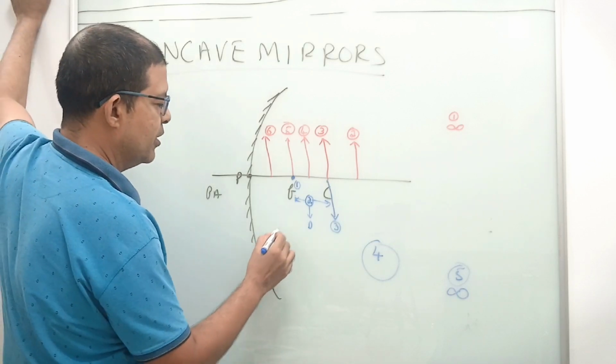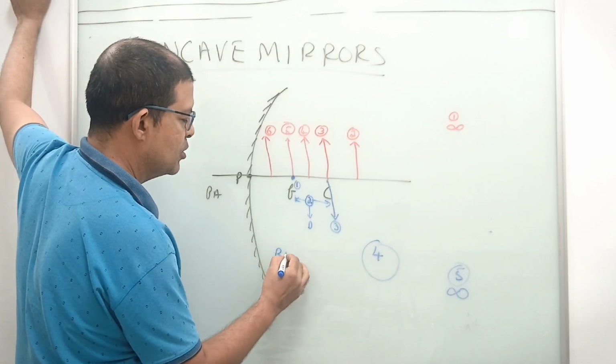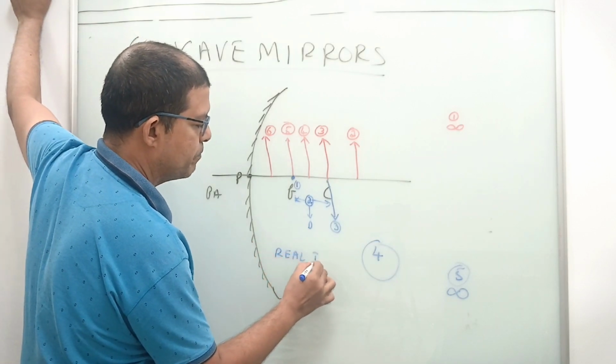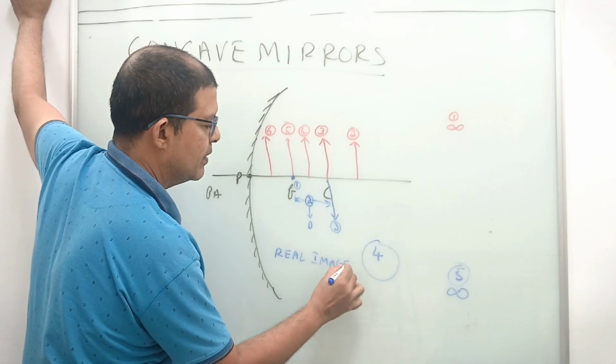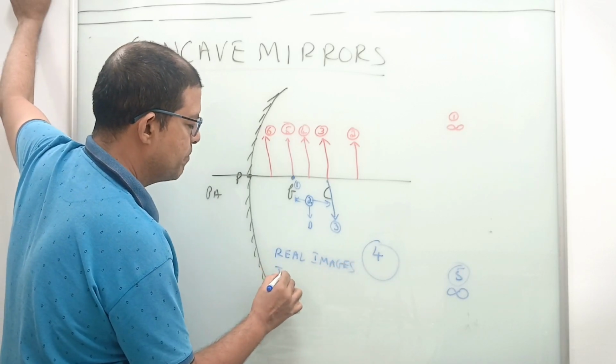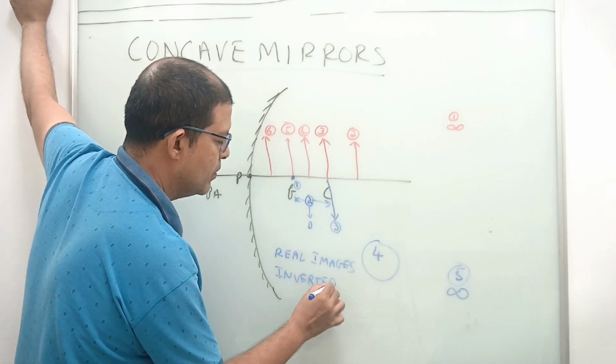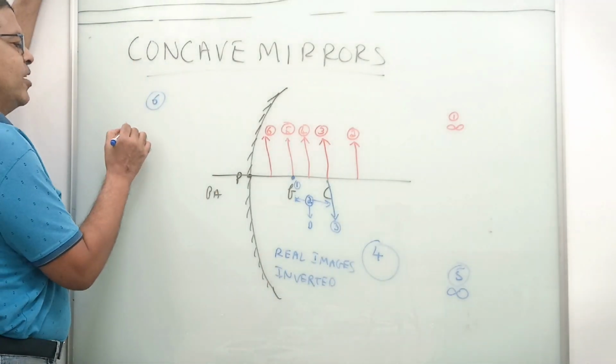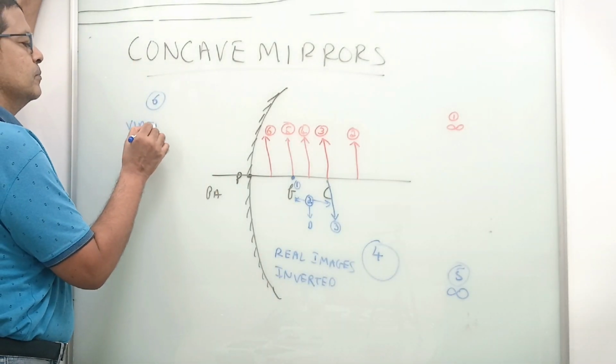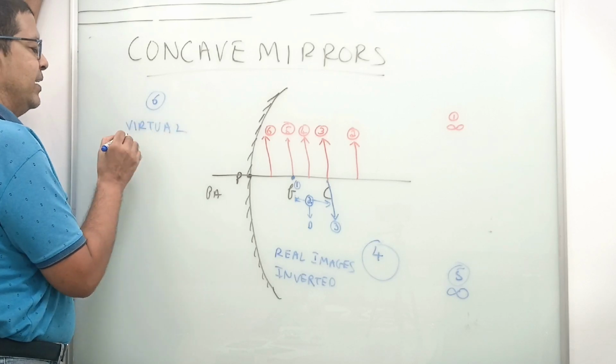These are all real images on this side. They are inverted. And here on this side, they are virtual and erect.